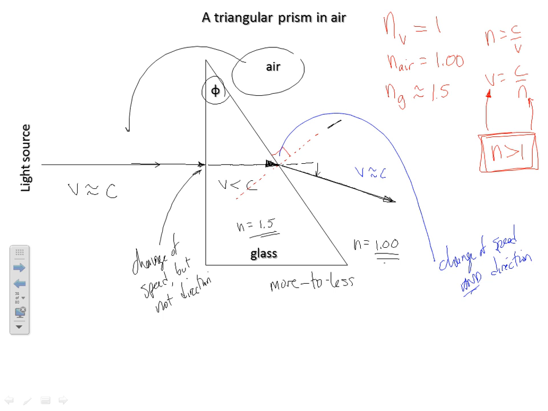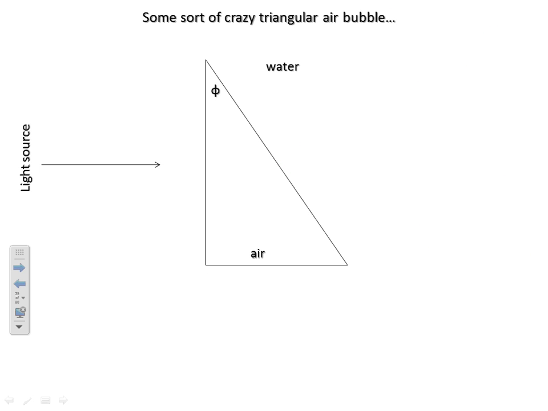Okay? If we look at this one, I'm sure this will show you what happens ahead of time, which is a huge pain in the butt. But again, so this is traveling. This is light traveling in water, and it enters some sort of crazy triangular air bubble. Now, water, depending on if it's salt water or fresh water, but it's typically 1.33 for n of water.